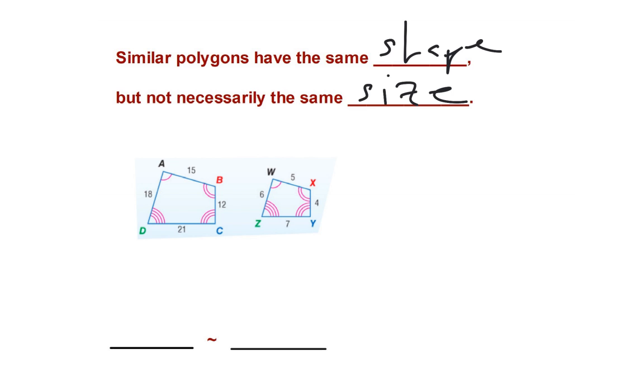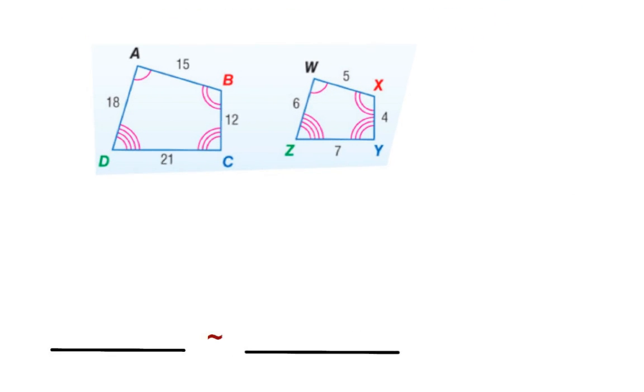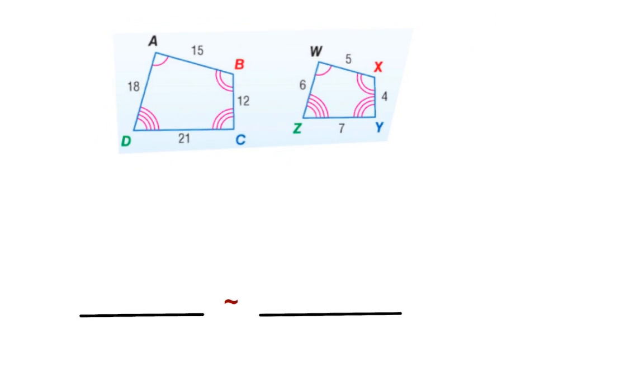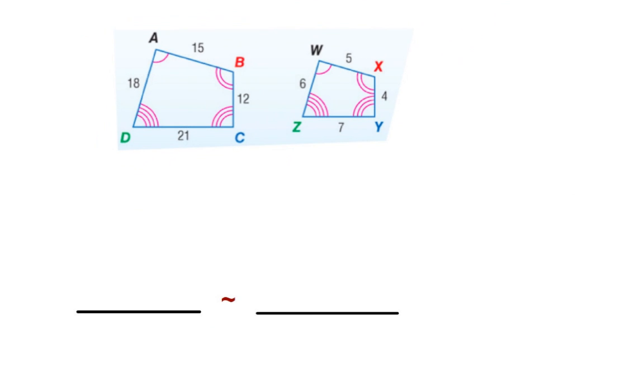So when we're looking at this one, I'm going to zoom in. You need to make sure if the angles are marked, and they ask you for the similarity statement. This right here, the symbol means similar. These two polygons are similar. We need to match up our angles. So angle A matches up with what angle in the other polygon?